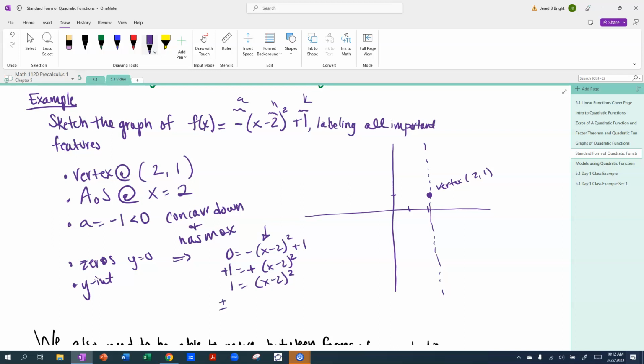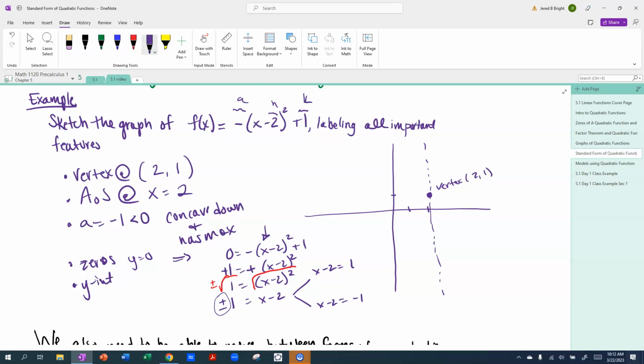I can solve this by square rooting both sides. When I square root both sides, I have to remember the plus and minus. So then I get x minus 2 is equal to plus or minus 1. I'm going to split this into two equations. X minus 2 is equal to positive 1, and x minus 2 is equal to -1.